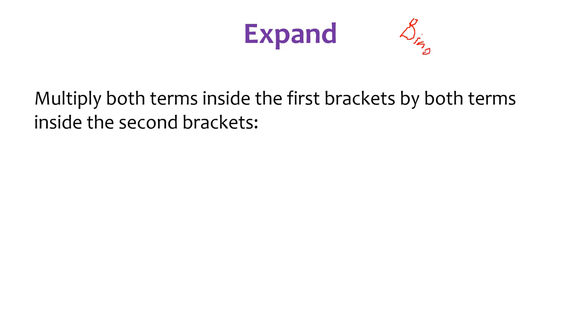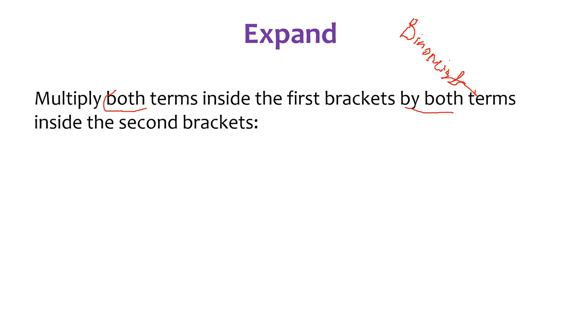This is when we are expanding or multiplying things that we call binomials. We call them binomials when we are multiplying both terms inside the first bracket by both terms inside the second bracket.